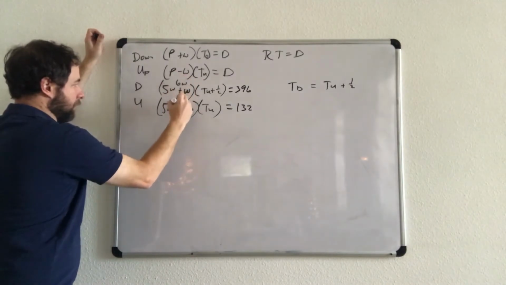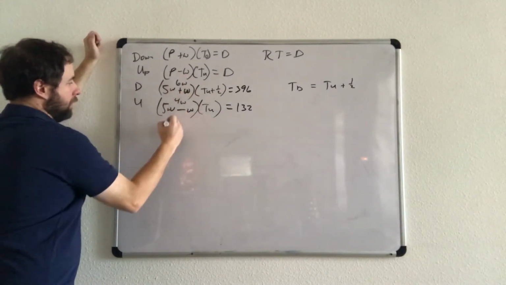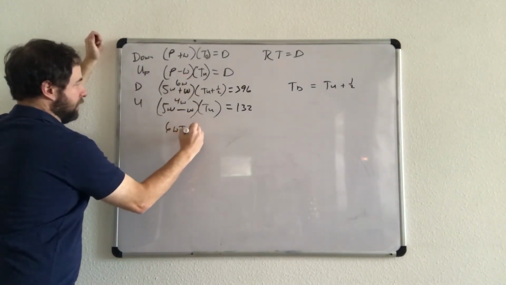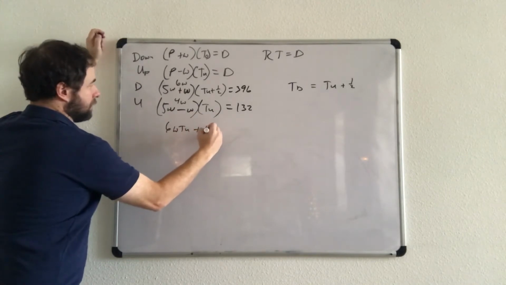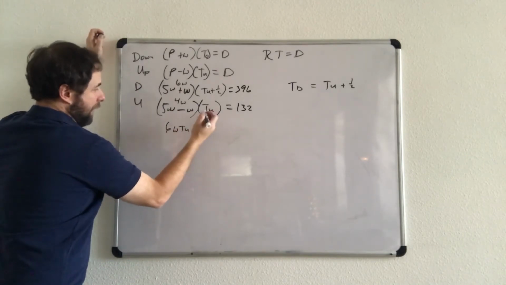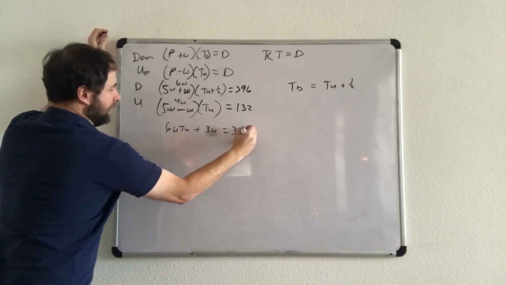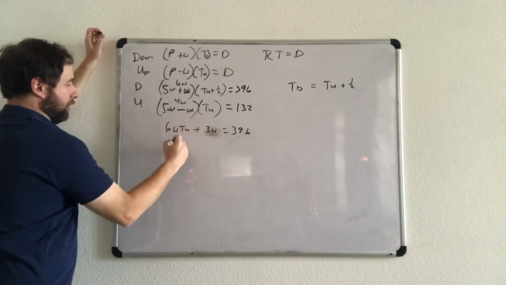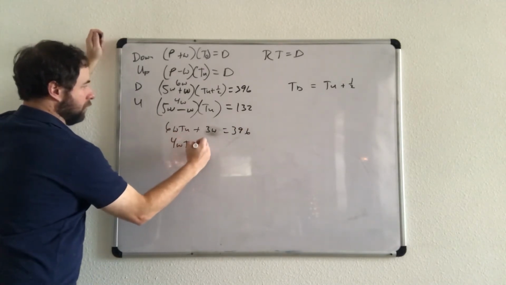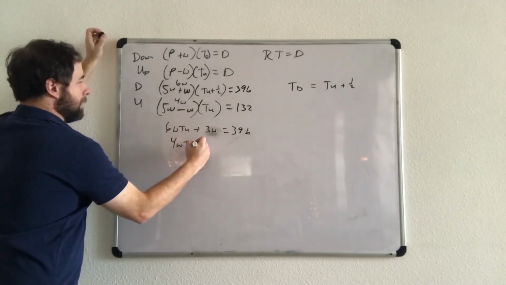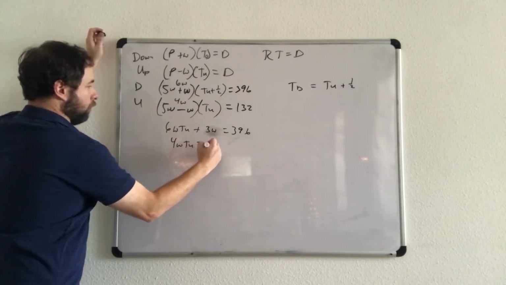This is 6W, it's 4W. So you get 6WTU plus 6, or it's a half, so it's 3. 3W equals 396. Right here you get 4WTU equals 132.